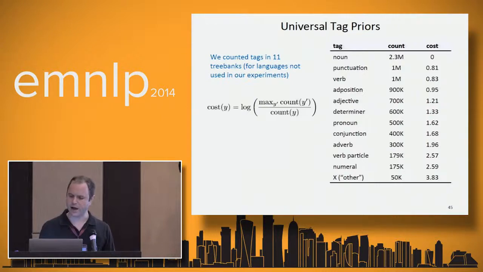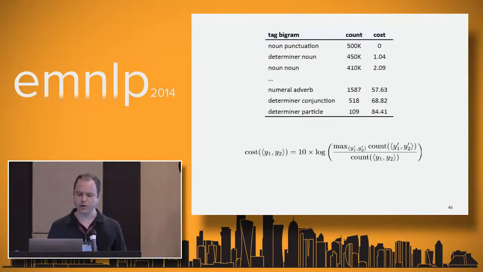Noun is the most common tag in these treebanks. That has cost 0. More rare tags like numeral and particle have higher cost. We did the same thing for tag bigrams. Noun punctuation was the most common tag bigram in our treebanks, and I'm also showing much more rare tag bigrams here. And so this is where the weak supervision comes in.